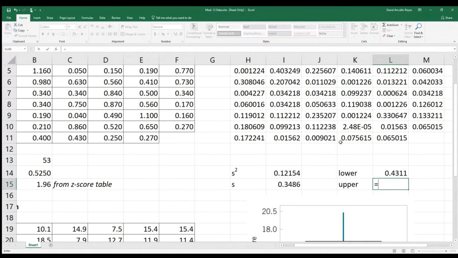Then for my upper limit, I have my sample mean plus my z-score times my sample standard deviation divided by the square root of the number of observations, which gives me about 0.6189.